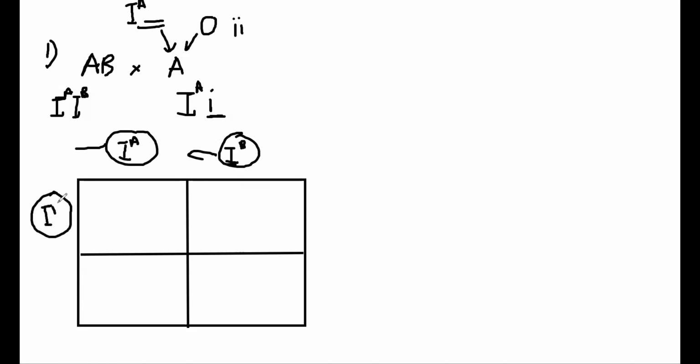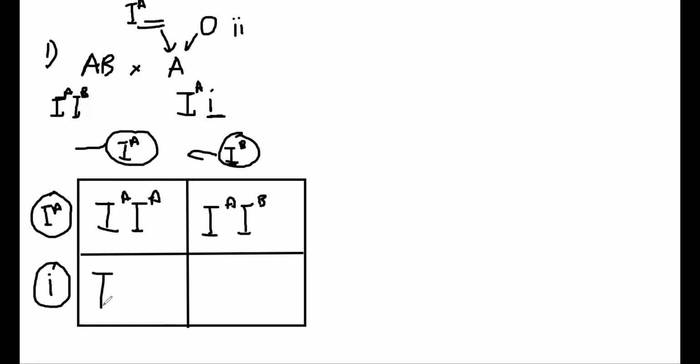She has an IA as well as a lowercase i. Hopefully what you did is fill this out as you would normally a Punnett square, sperm with sperm, eggs with eggs. Generally, it's good to put the A's first and then the B's, because then you don't get confused thinking there's a BA blood type. It's the same thing, but we usually put the A's first. And then we have an IA with a lowercase i, and then an IB with a lowercase i.